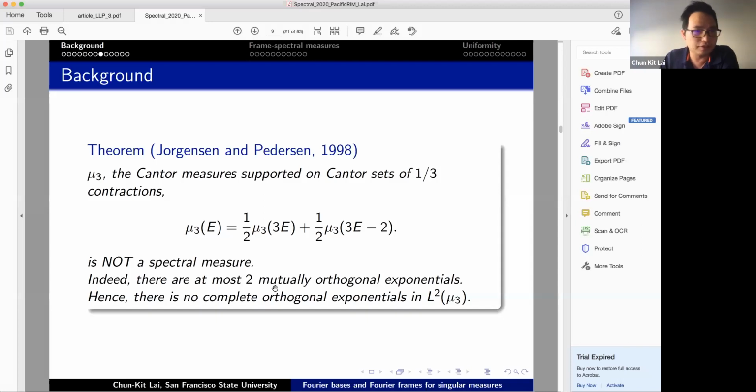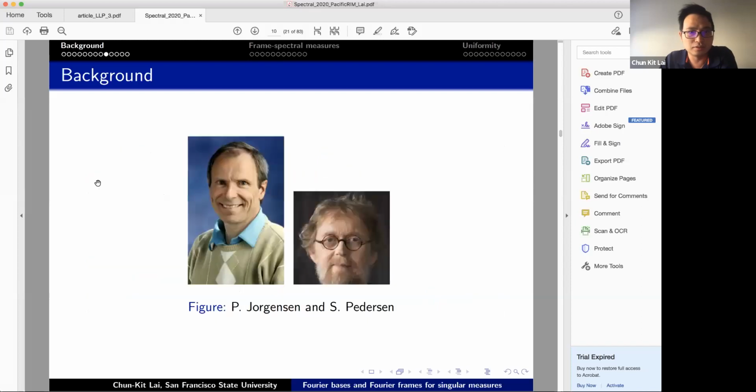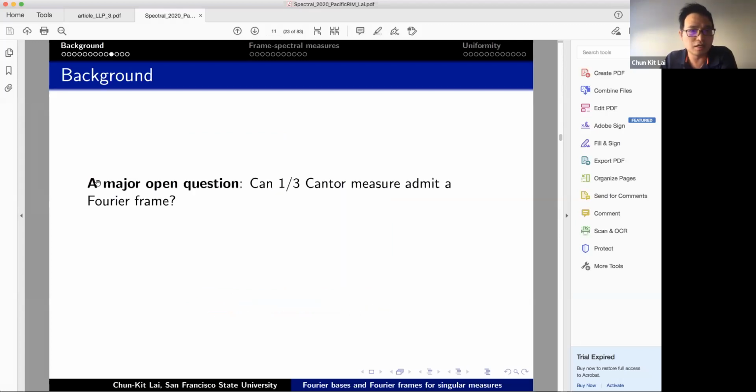The same thing also happens if you use an even contraction ratio, they are spectral measures. If you use an odd contraction ratio, they are never spectral measures. This is the picture of Jorgensen and Pedersen, who brought spectral measure theory into singular measures. So they are not spectral.